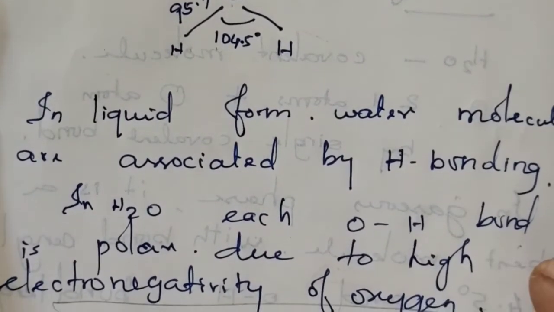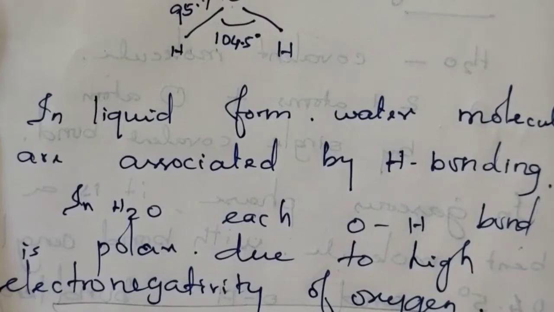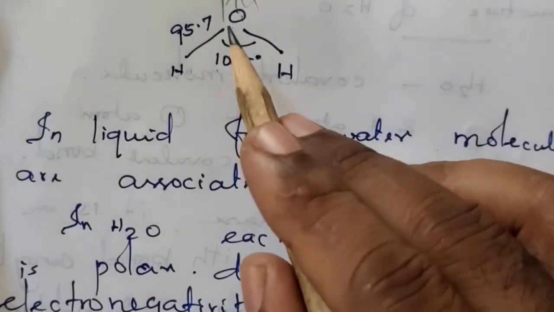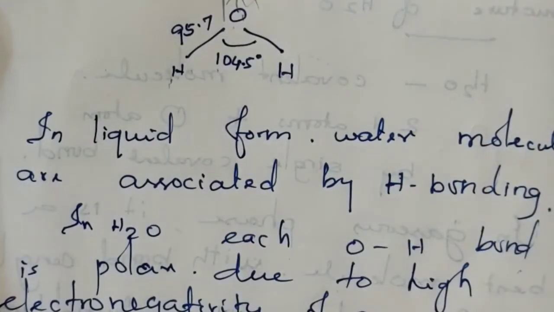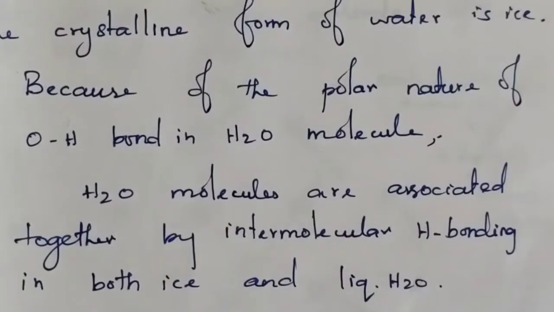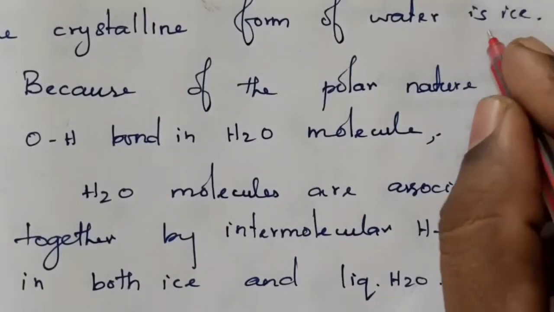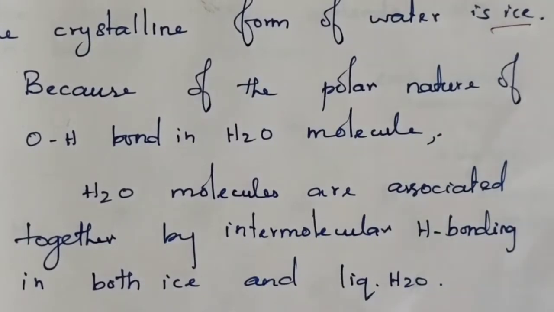Because of this, each OH bond in the water molecule is polar in nature. The crystalline form of water is called ice. What is ice? Ice is the crystalline form of water.